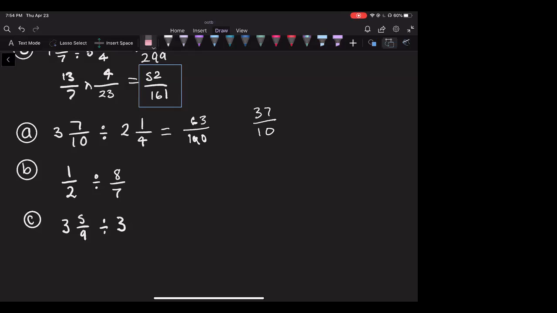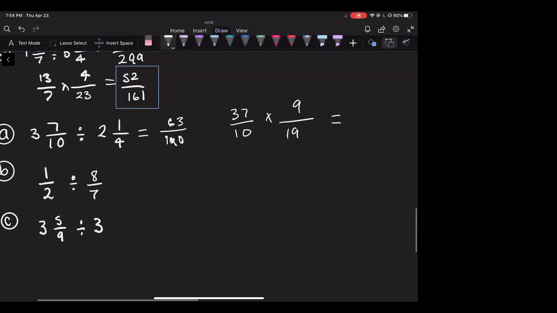Let's do it with 9 then. So 9 at the top. That's on me. That's not on you. 2 times 9 plus 1. 19. That gives you 190 and 37 times 9.